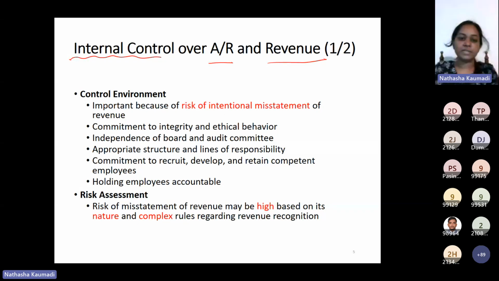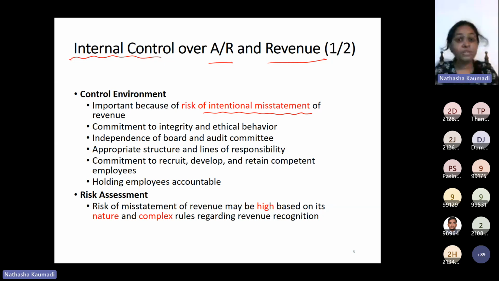So this control environment is important because of the risk of intentional misstatements of revenue. If there's a good control environment, there's less chance of intentional misstatements. So intentionally, these employees, directors, managers won't do misstatements for revenue and receivables.